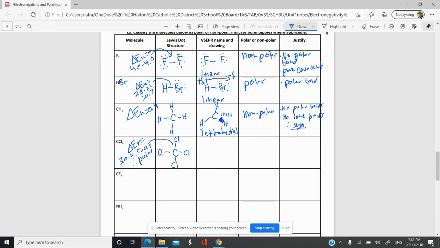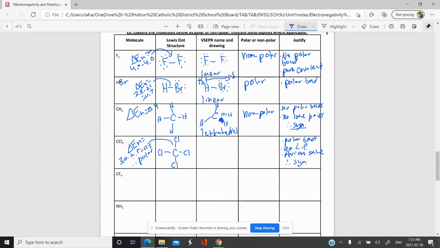Symmetrical. Here, there are polar bonds. There are no lone pairs. The peripheral atoms are the same. Therefore, symmetrical.